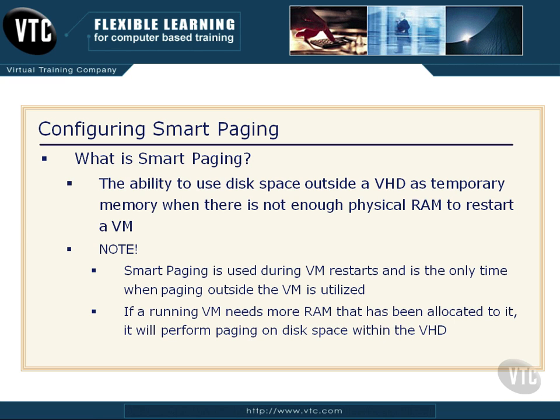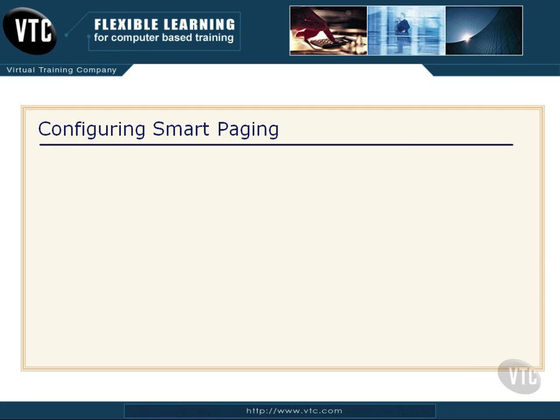All other times, once that virtual machine is running, it has started up or it has restarted, and if it needs more RAM than what's been allocated to it, or if it starts to run low on RAM and it can't get any more from the hypervisor, it will perform paging on the disk space within the virtual hard disk. So smart paging happens only when we have a restart that doesn't have enough memory, and it will page onto the host operating system's disk.